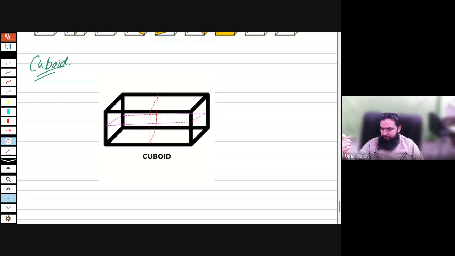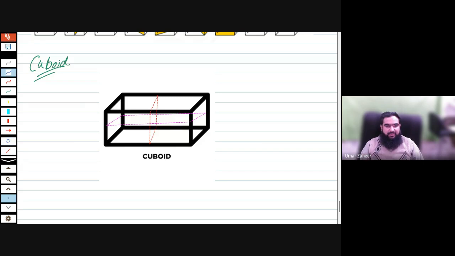In the same way, if I draw another plane like this, it is going to divide the cuboid into the front half and the back half, and they are exactly the same. They are identical, right? They are congruent figures.